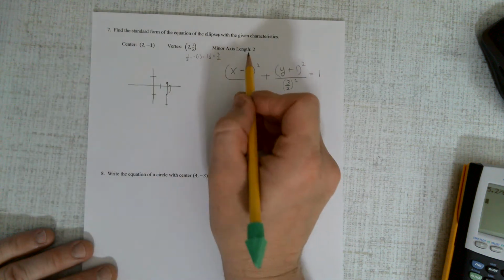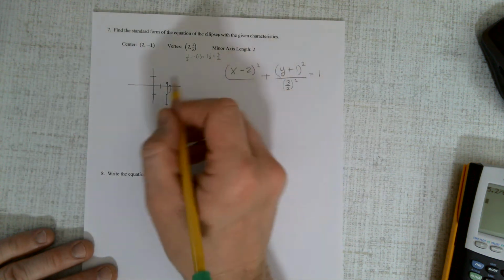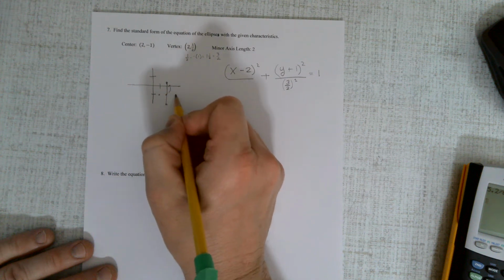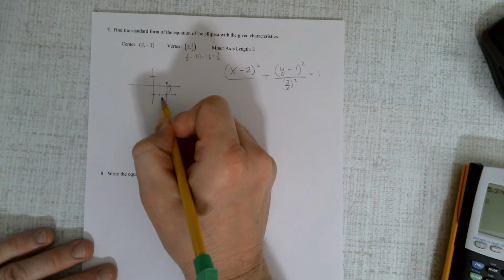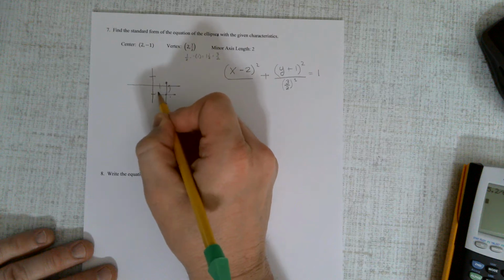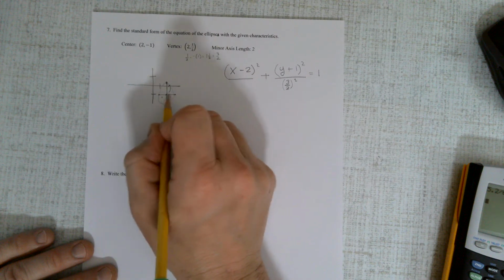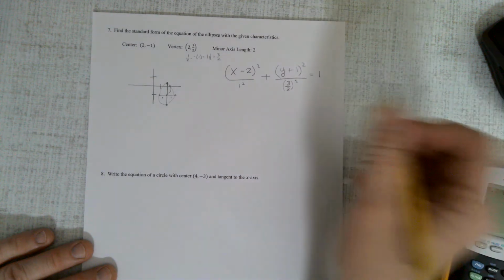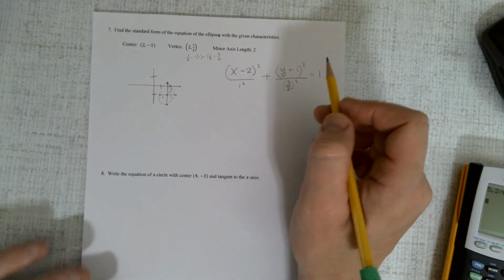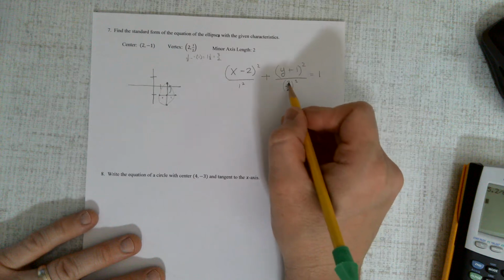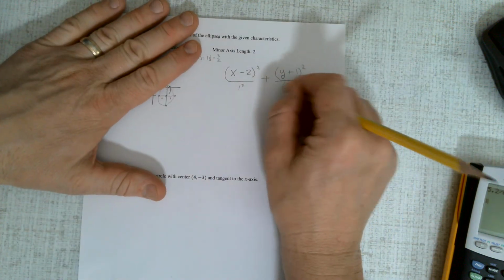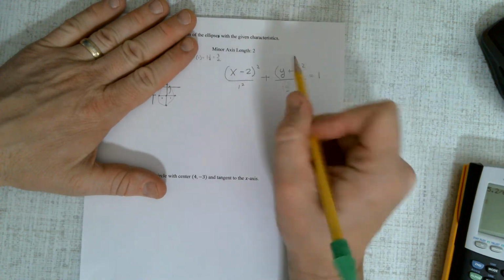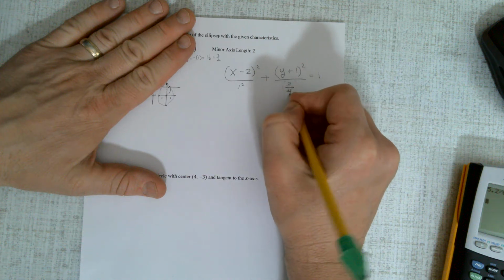Alright, well, the minor axis is length 2, so it looks like this, 1 and 1, because it's a length of 2, so it's 1 and 1, so 1 squared, and that one's easier. Let's do some simplification over here. 3 halves, if I square that, that's really 9/4.